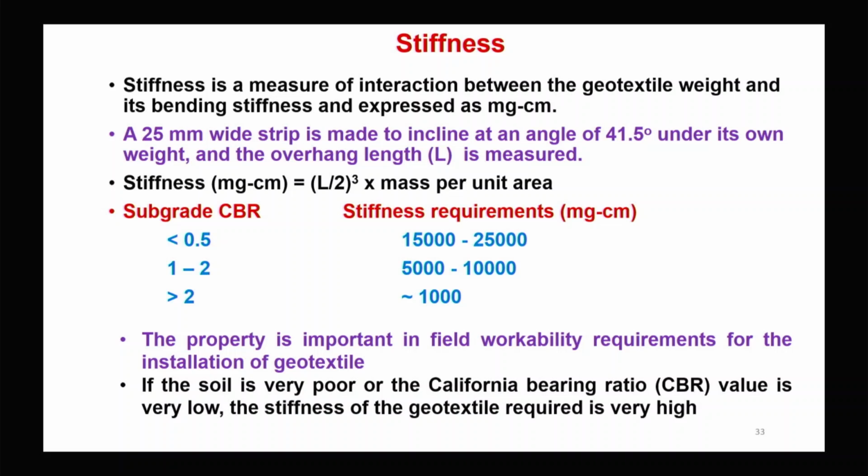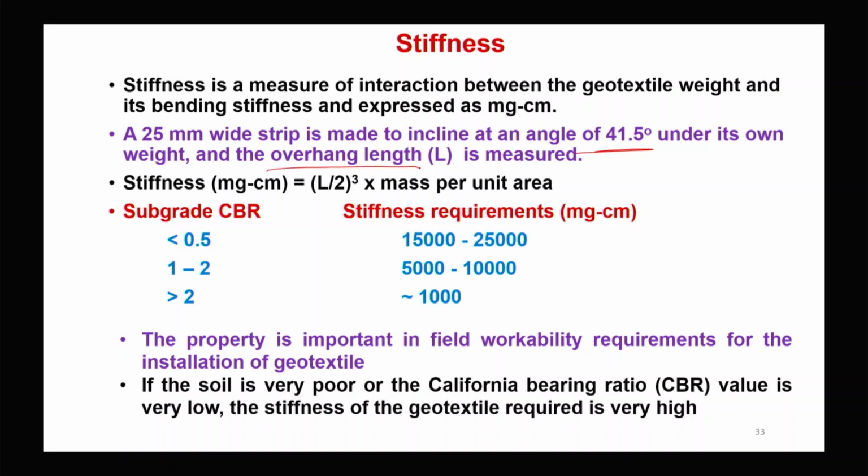Now, as I have mentioned, stiffness of fabric is also important, and stiffness is measured in a similar way to what we have discussed, the Cantilever stiffness tester, where the angle of inclination is 41.5 degrees under its own weight. So it is inclined at an angle, and the overhang length is measured.